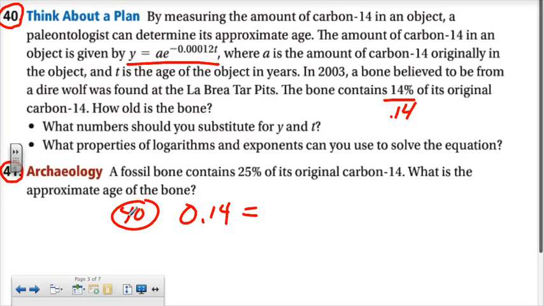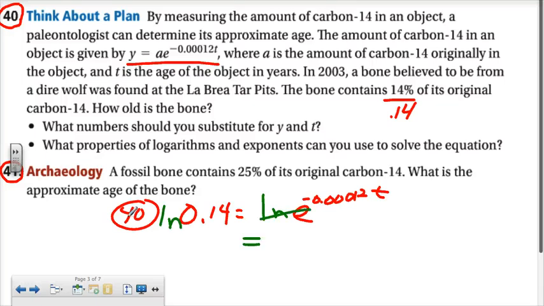The 1 isn't going to do anything to the math, but we'll put it in there anyway. Then we go back to the formula and we have negative 0.00012 t. Because that 1 isn't doing anything, we can jump right to taking the natural logarithm of both sides, because we need to figure out t.